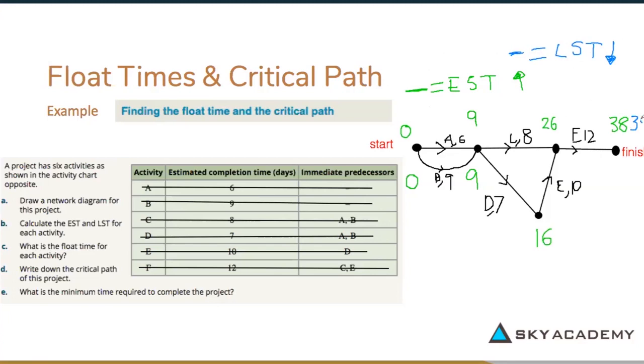Then 38 minus 12 would give us 26. 26 minus 10 would give us 16. Then we can do 16 minus 7 would give us 9 for here. 26 minus 8 would give us, is it 18? Yes, it's 18.